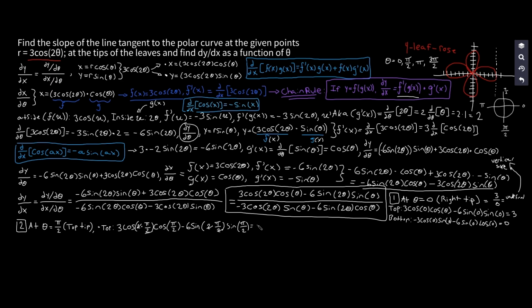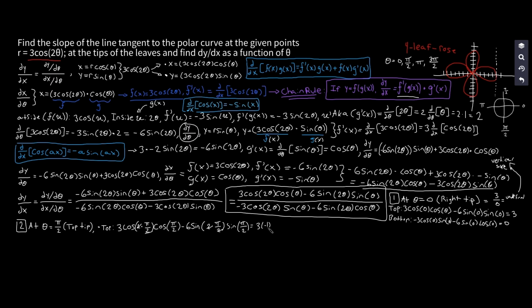So what we're going to have is 3 times -1, and then cosine of pi over 2 is 0. And then sine of pi is 0.